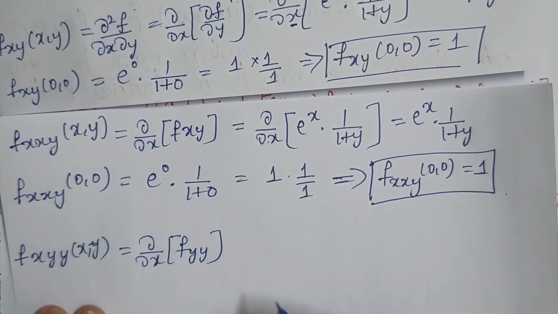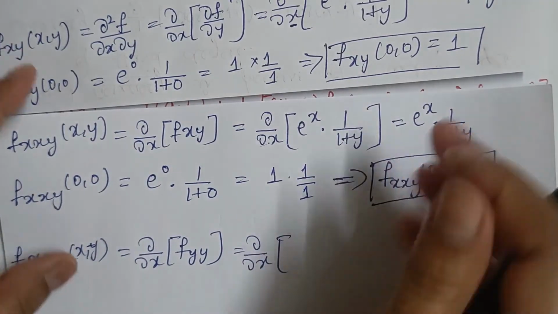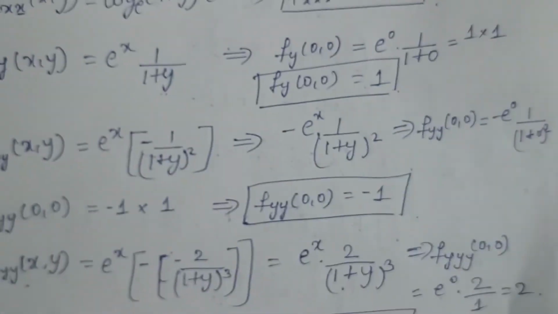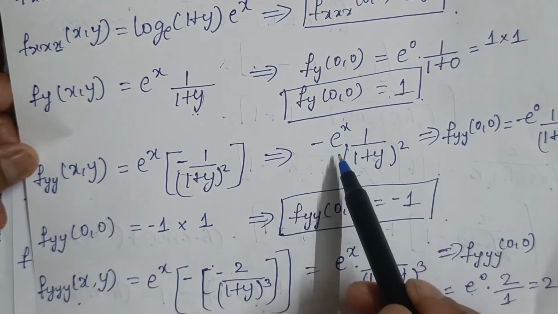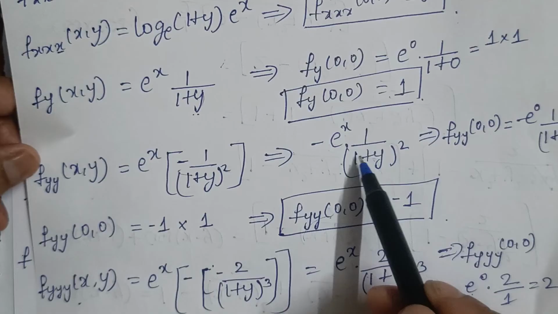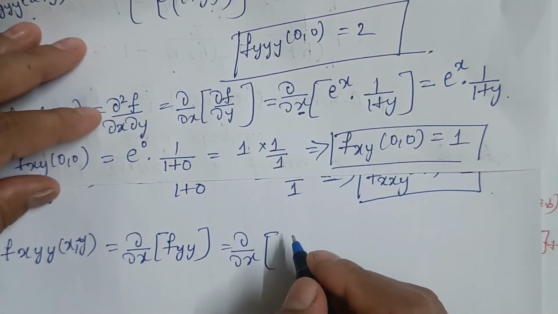We have f suffix yy already, so we can just write that function. f suffix yy is nothing but minus e power x into 1 divided by 1 plus y whole square.